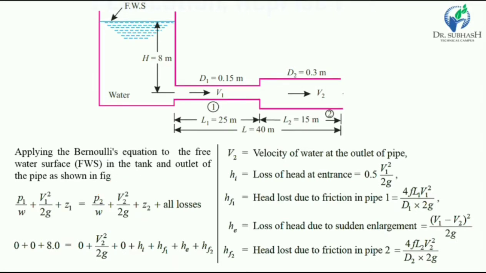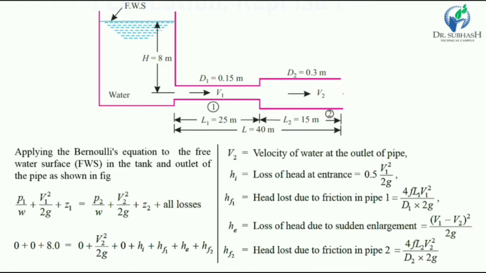First we apply Bernoulli's equation at two sections. The first section is the free surface of water in the tank and the other section is the outlet or exit of the pipe. These are the two sections where Bernoulli's equation is applied.